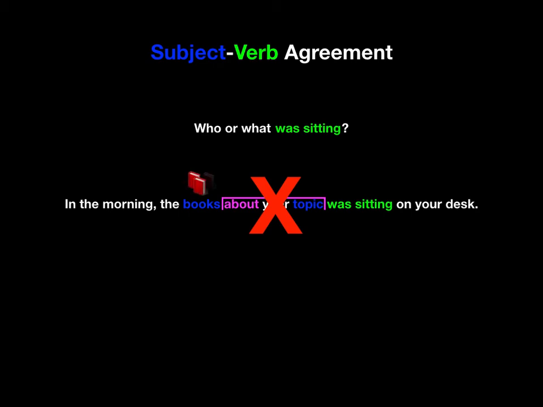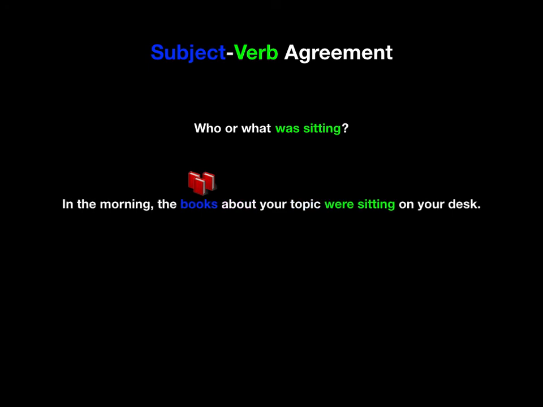Books is plural, therefore we need to have a plural verb. Is was sitting singular or plural? Since was ends in s, it is a singular verb. Therefore, we need to change it to the plural verb were sitting. In the morning, the books about your topic were sitting on your desk.